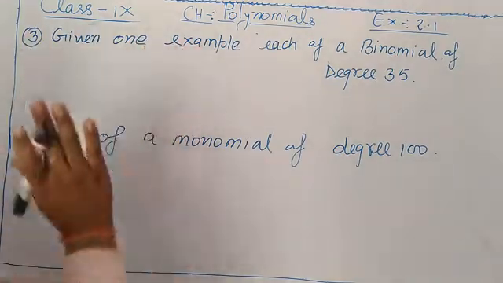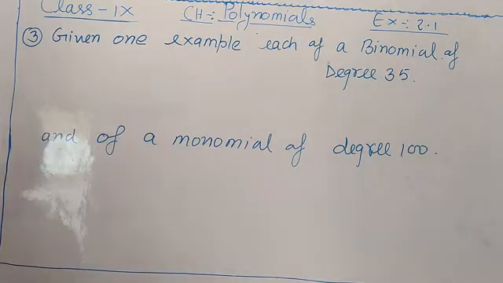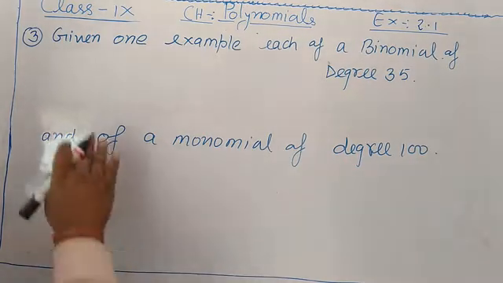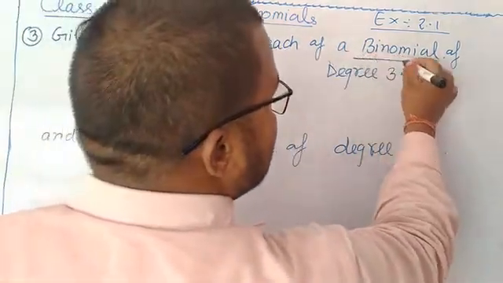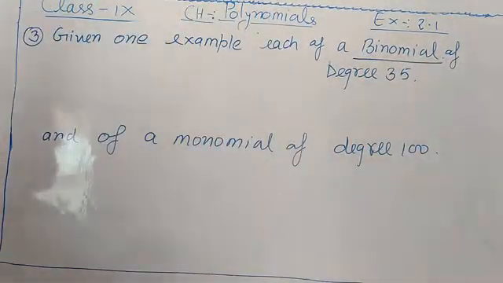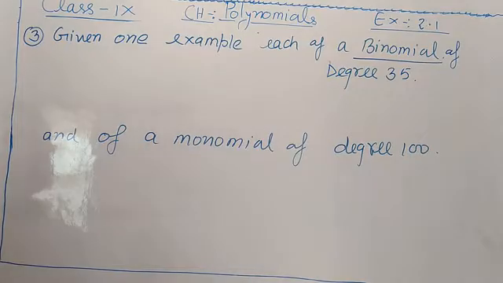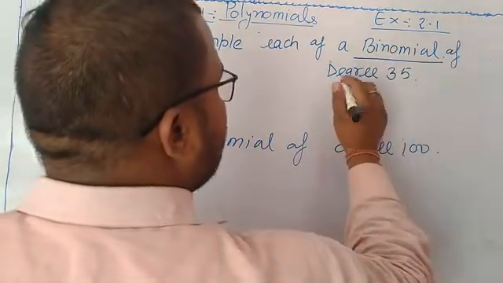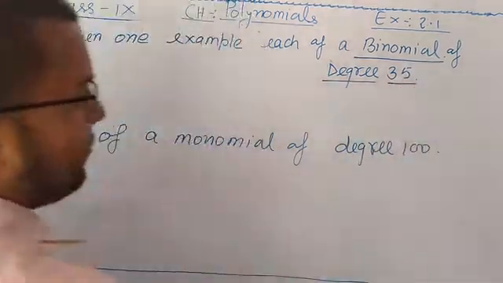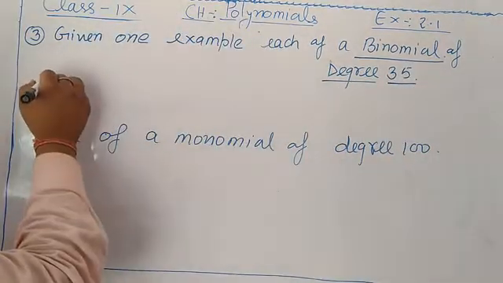Give one example related to polynomials. Give one example of a binomial, meaning a polynomial with two terms, of degree 35.